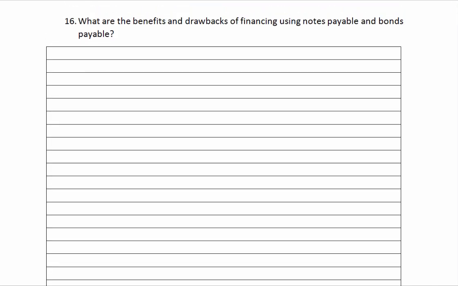What are the benefits and drawbacks of financing using notes payable and bonds payable? Well, there's a few good things and then there's a few bad things. So let's look at the benefits first. No dilution of ownership. So let's see what that means.